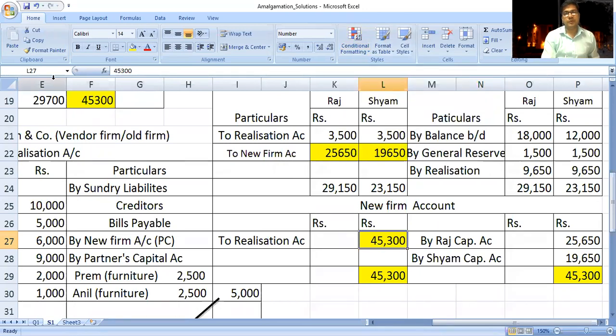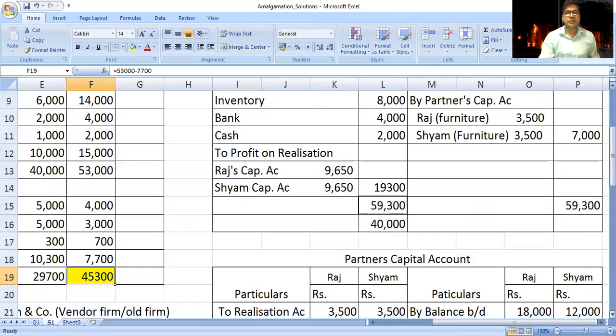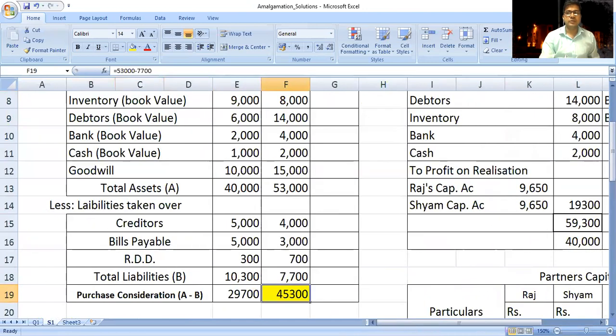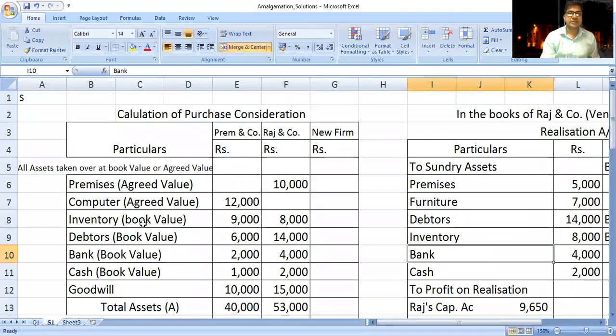At the start we have to calculate the purchase consideration, and at the end we have to write the purchase consideration total. So whenever we calculate purchase consideration, you have to be sure about all the things, such as how to calculate it using the net asset method.